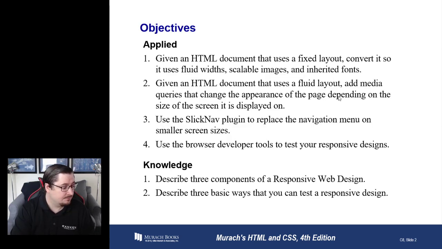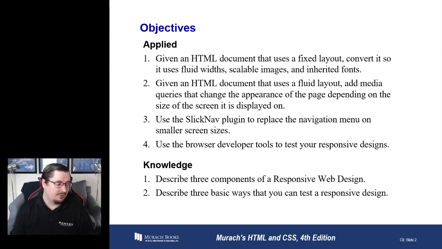So let's get going. Our objectives today, as far as applied objectives, we want you to be able to take a fixed layout and convert it to fluid. Take a layout that's built with fixed widths and convert it to use fluid widths, use images that scale dynamically in terms of their size based on the size of the viewport.